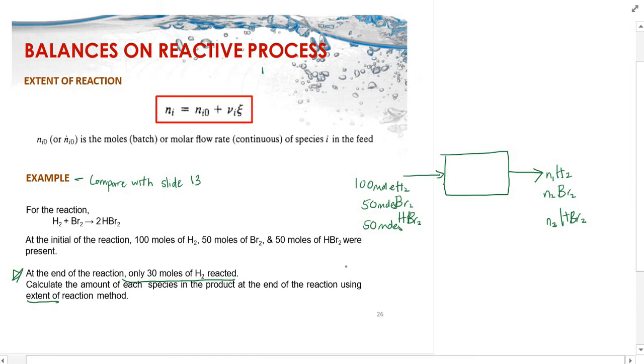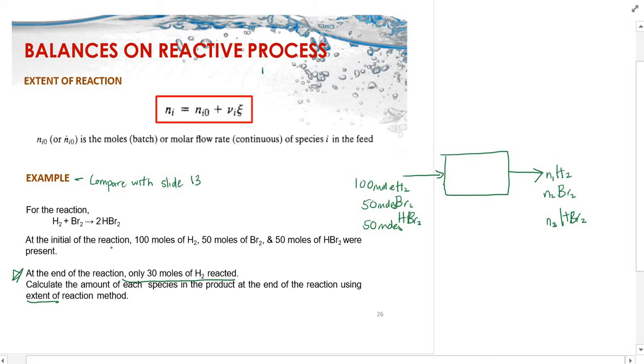Let's see the example here. We did this example previously in slide 13, and you can refer to the calculation there later. Here hydrogen reacts with bromine to produce 2 moles of hydrogen bromide. First, make sure your stoichiometric equation is balanced.